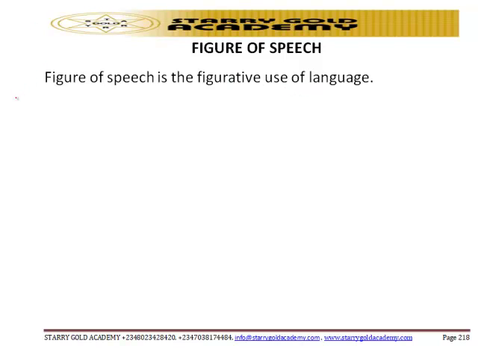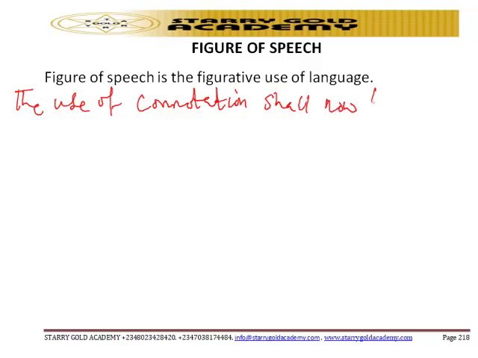What I want you to know, the point worth noting here, is that the use of connotation can now be discussed thoroughly, because it seems that it is connotation that gave birth to figure of speech. It will be discussed thoroughly according to each class of word, figure of speech.